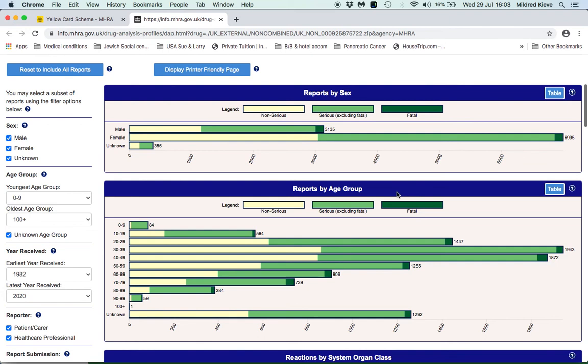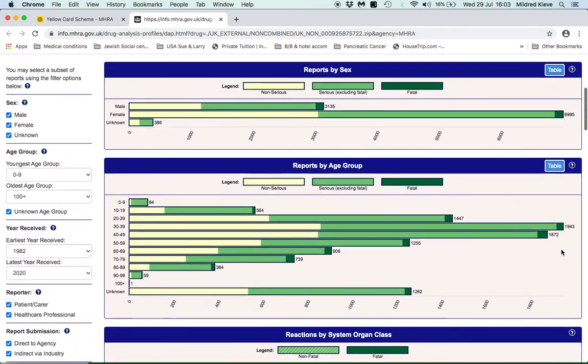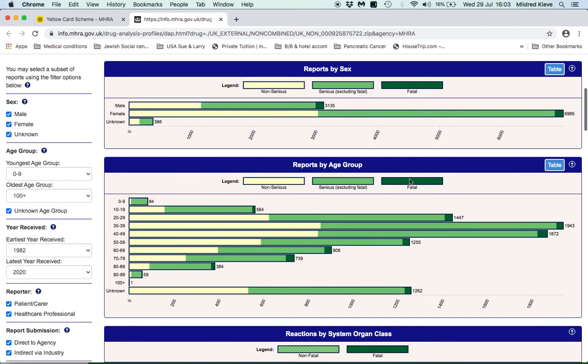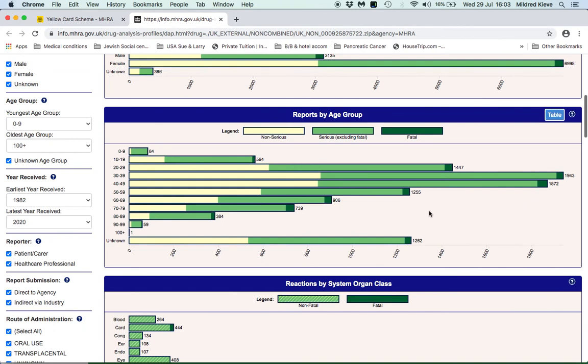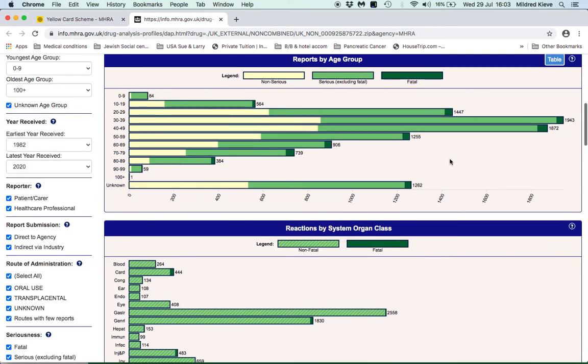So here we are. We can see here that the age group 30 to 39 reports most side effects. Fatal side effects are dark green, serious are light green, non-serious yellow. So here we've got quite a lot of that age group, 30 to 39 and 40 to 49, so the older people, but also plenty of serious side effects.